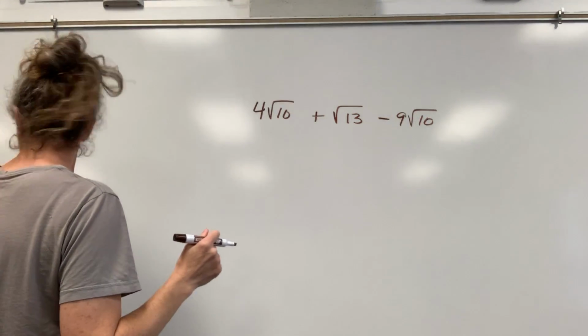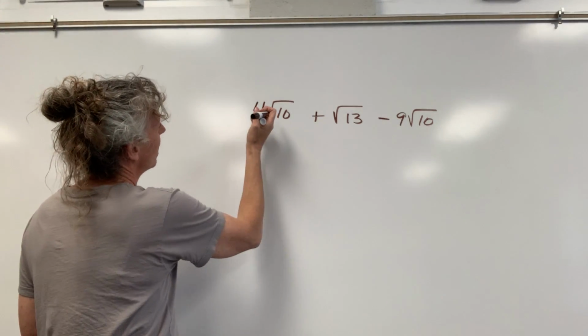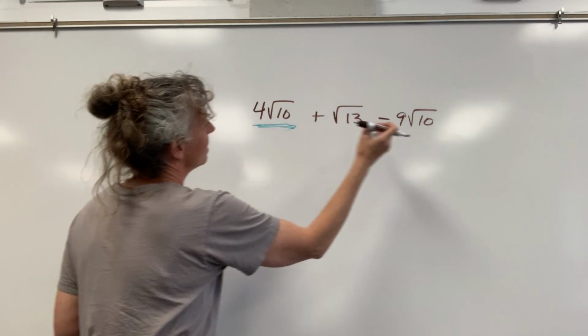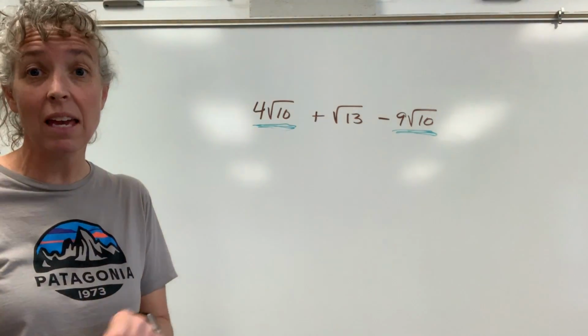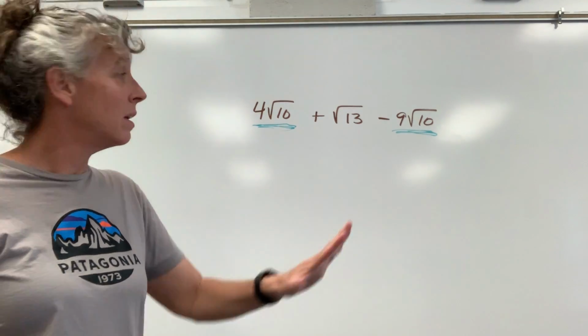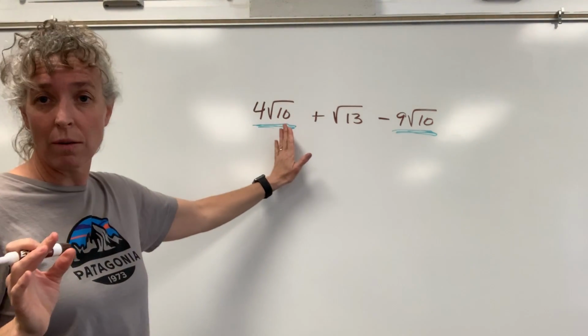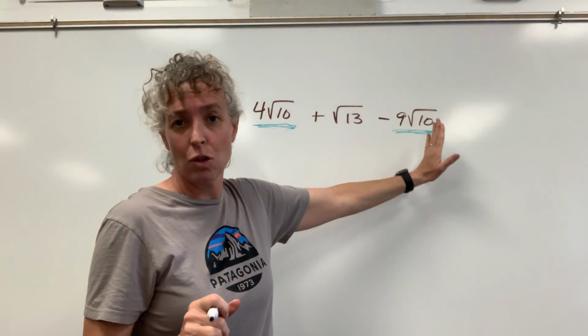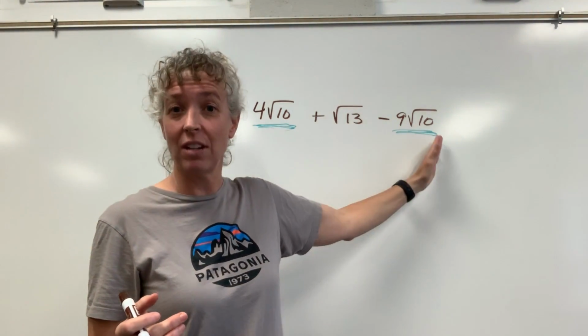So in this equation, this term right here is considered a like term with this one because they both have the same square root number. This one has a square root of 10 and so does this one. So you have 4 square root 10s and -9 square root 10s. Those are considered like terms, just like if it was a 4x and a -9x.